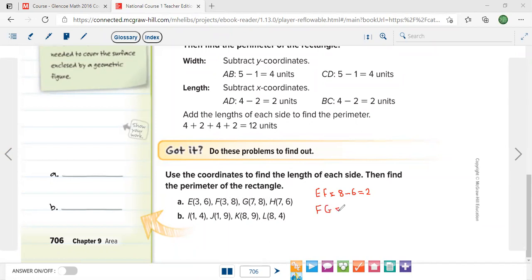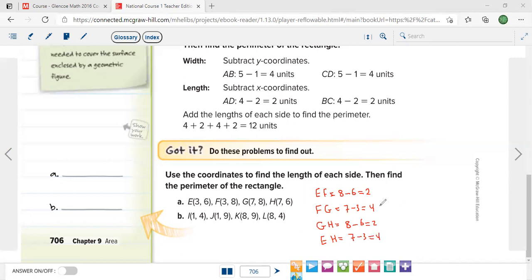Cancel out the 8, so 7 minus 3 will give you 4. GH, cancel out the 7, so 8 minus 6 will give you 2. Finally, EH, cancel out the 6, take 7 minus 3. This will give you 4.